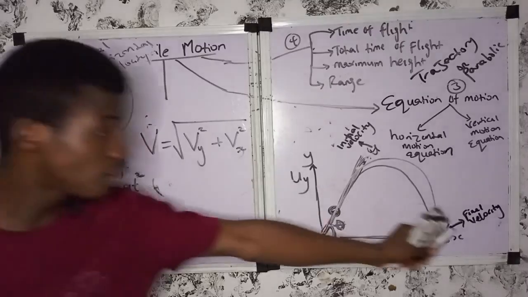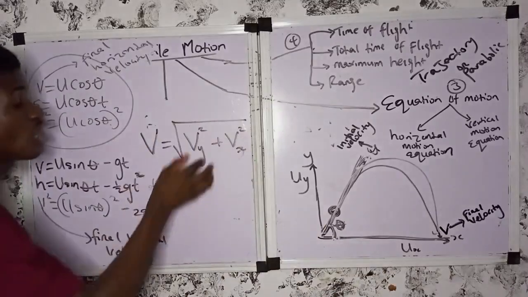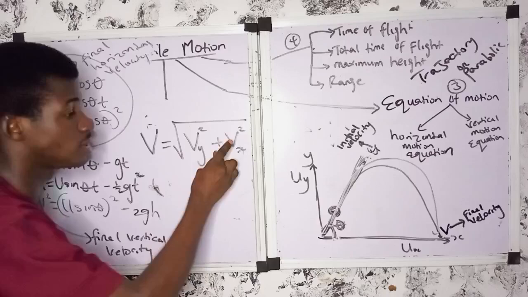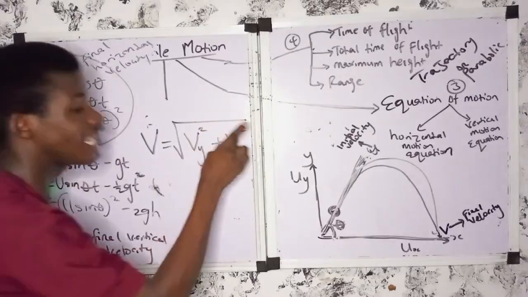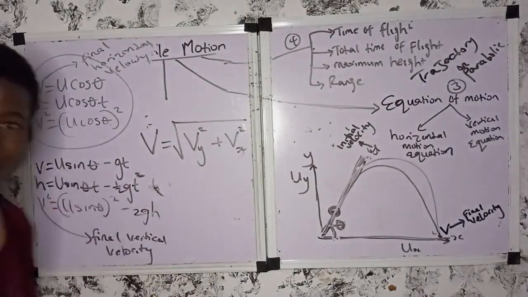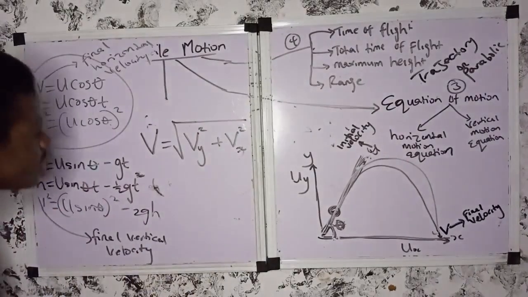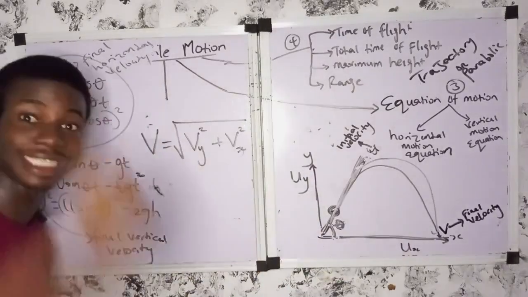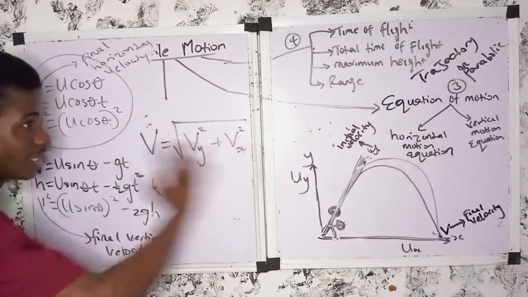So the final velocity is the square root of the square of the final vertical velocity plus the square of the final horizontal velocity. This is very important. The final velocity is the velocity with which the projectile hits the ground. So this is the formula, this is the equation.